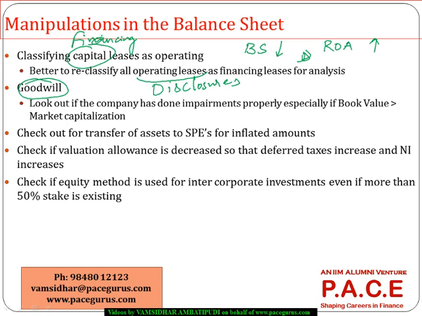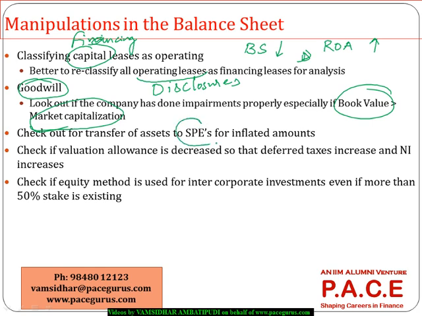The balance sheet does not get reduced because of the impairment of goodwill, and they don't book corresponding losses. So from an analyst standpoint, it is worth checking these items, especially if the book value of the assets of the firm is much larger than the market capitalization. In that case, the impairment of the assets needs to be thoroughly checked.